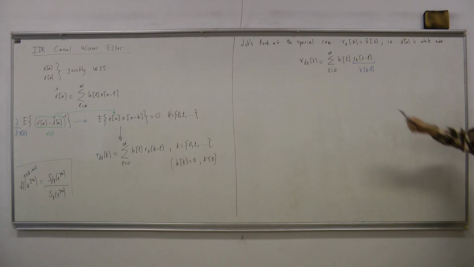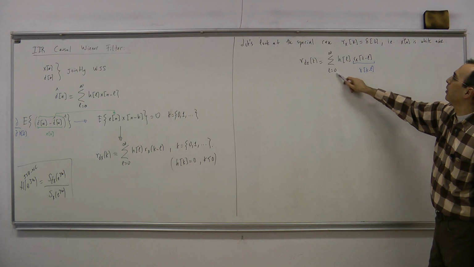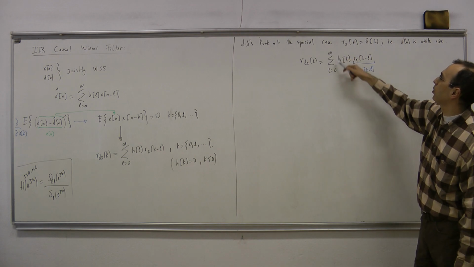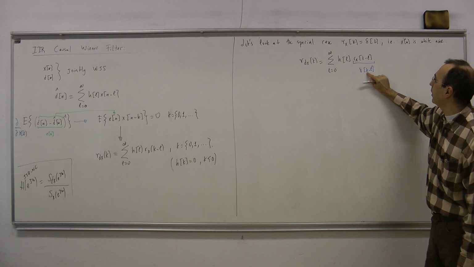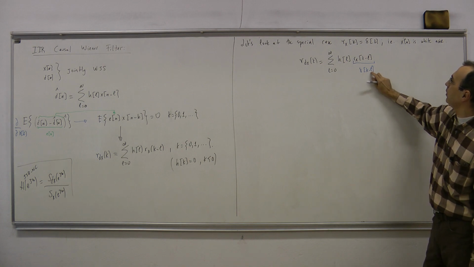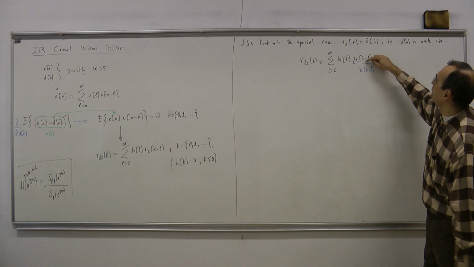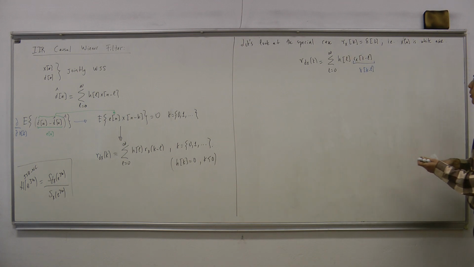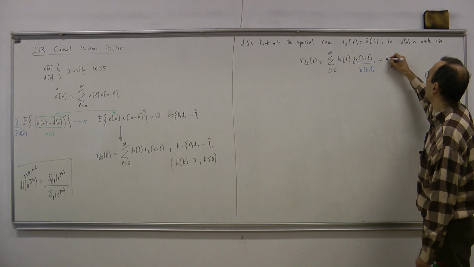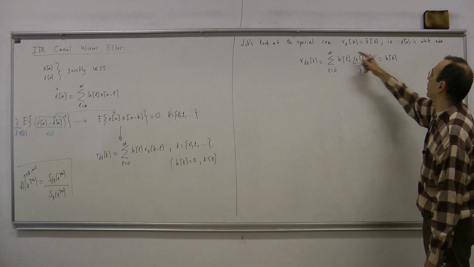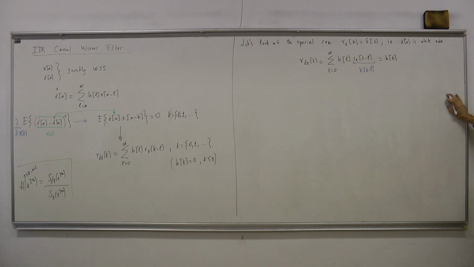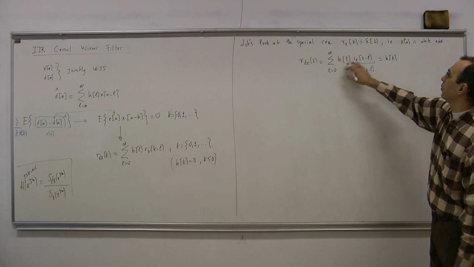So let me run this summation. L ranges from 0 to infinity, but only when L is equal to k do I have 1, otherwise I have 0. So this summation is equal to h of k, because all the entries are 0 except one of them. The kth entry is h of k times 1.